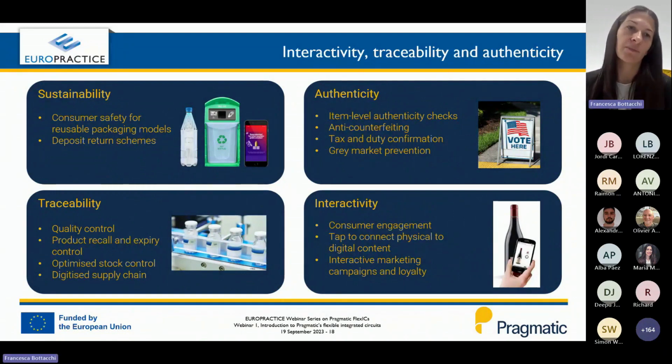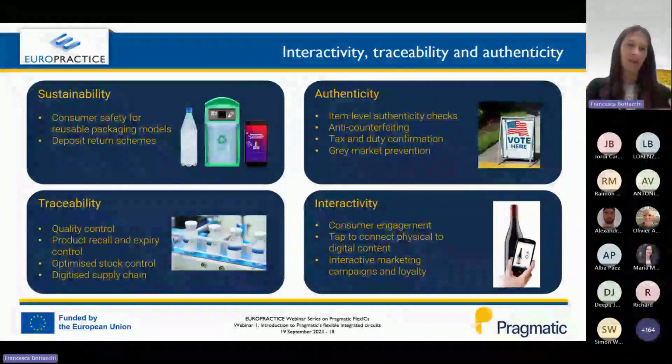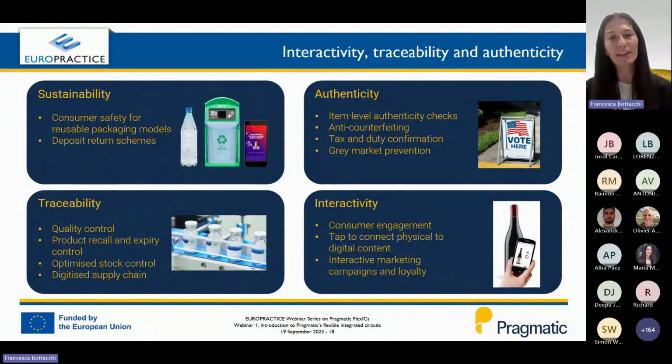And then for traceability, that's what we already discussed with the healthcare sector, but you can really apply this to any sector in terms of quality control, product recall and expiry, optimize stock control and supply chain. And you can really improve the whole traceability of your product during the whole logistic journey.